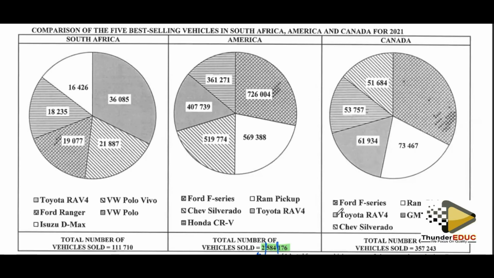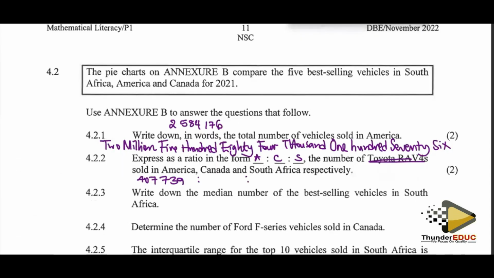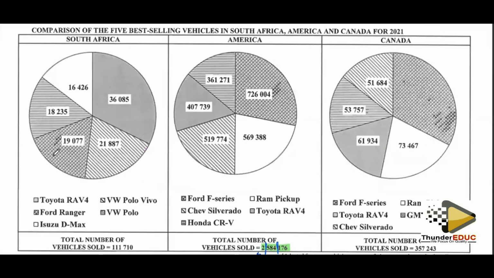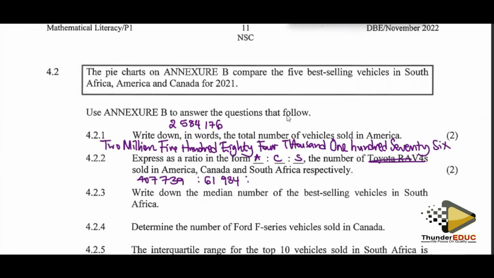RAV4 is this one, and so we shall say it's 61,934. We go to South Africa. Go to the next year. And RAV4 is still represented by this color here. Mostly sold car, which is 36,085. Okay.